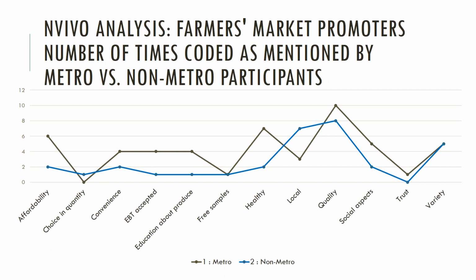So in a lot of things, they were very close. Free samples, for instance, were mentioned the same number of times in both, in response to that question. Choice in quantity was another thing that they weren't too far apart on. But some things were pretty big differences. Quality was very high for both of them.